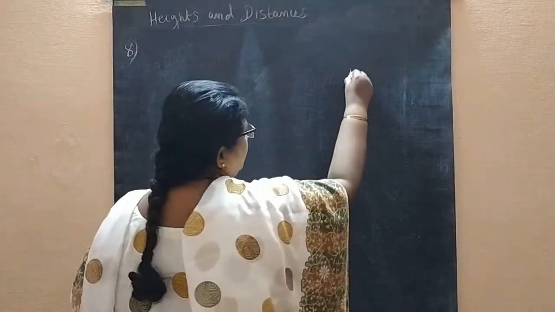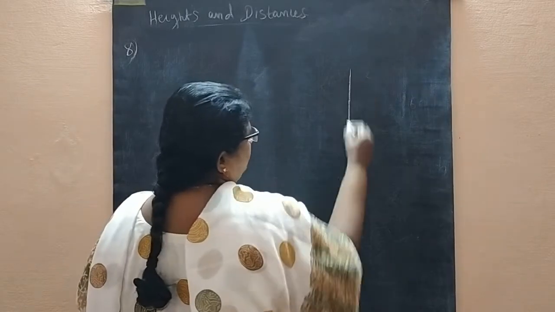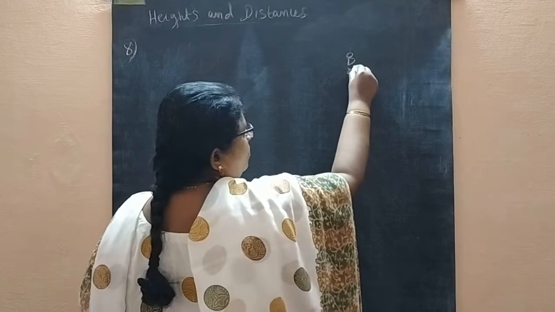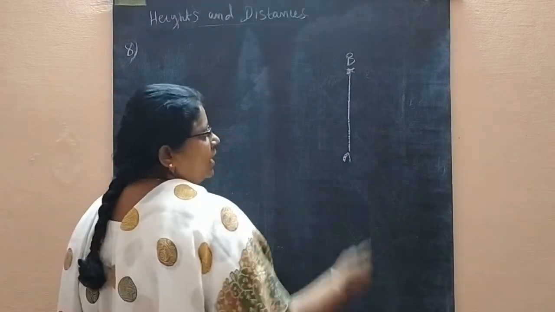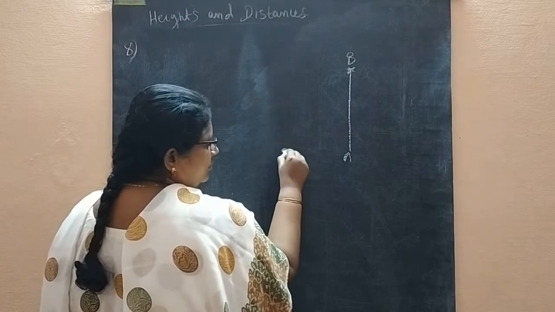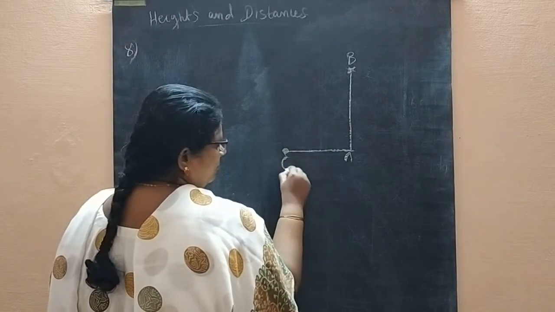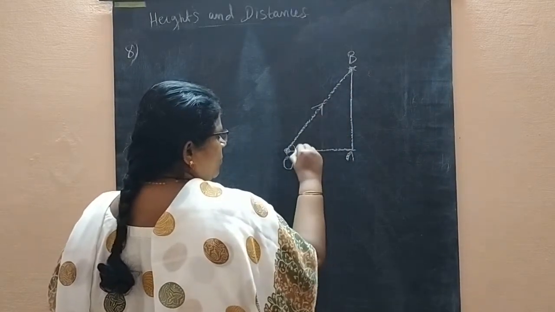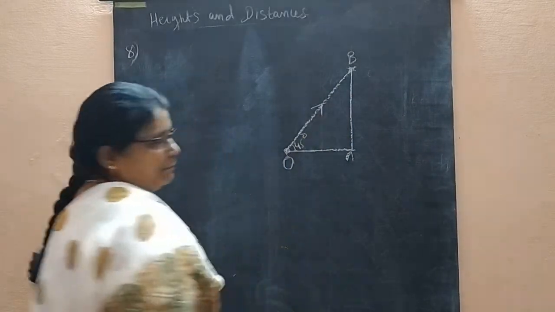So, there is a tree. Bird is sitting on the top of the tree. And the bird is observing from a point on the ground, from here, O. It is observing at an elevation of 45 degree.